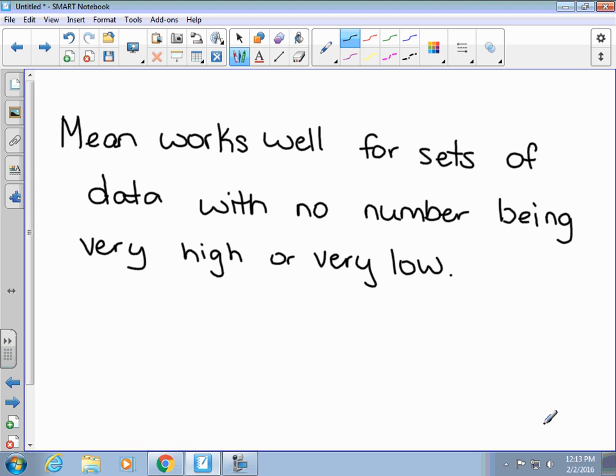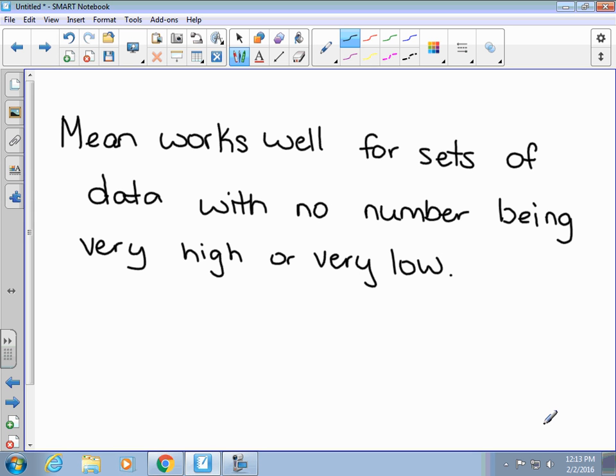And the reason I'm making you write that down and understand it is because sometimes they'll give you a set of data and ask which one of these would be best to find a measure of central tendency: mean, median, mode, or range? Well, look at your set of data.